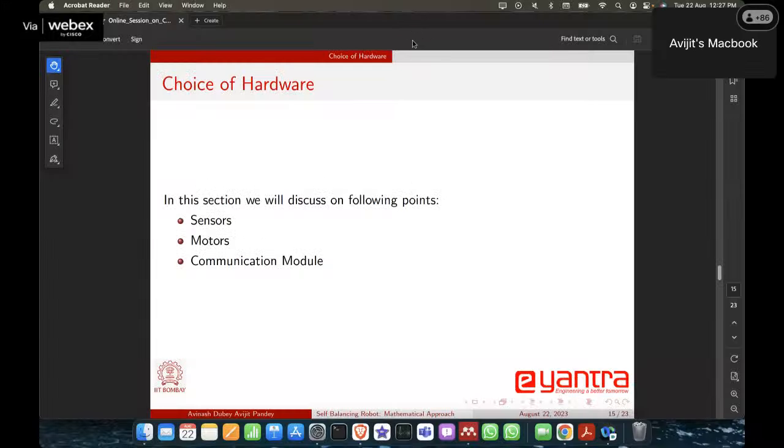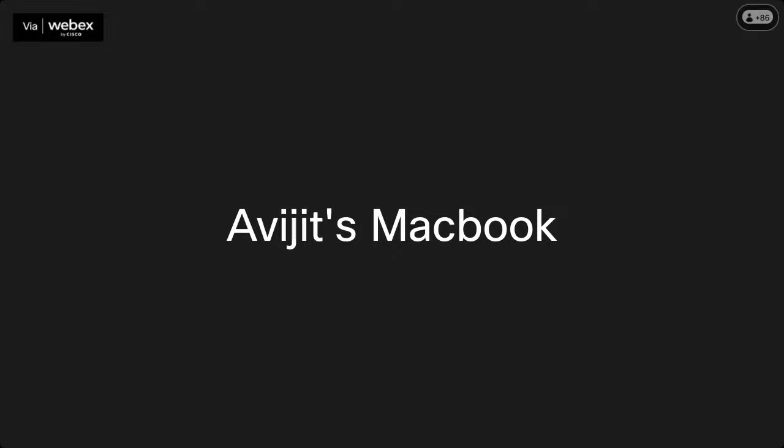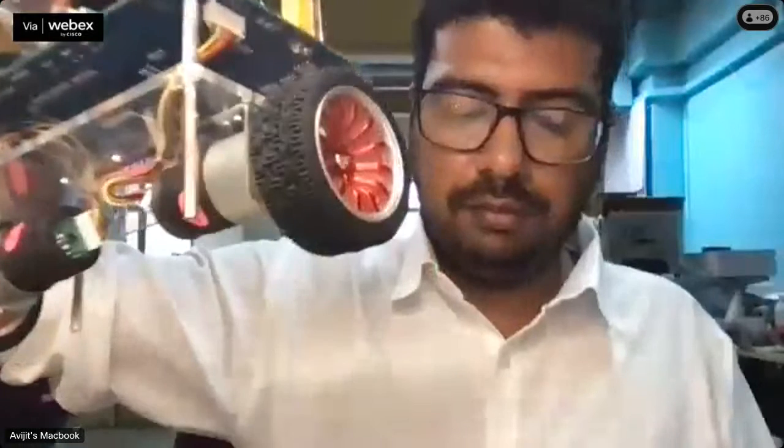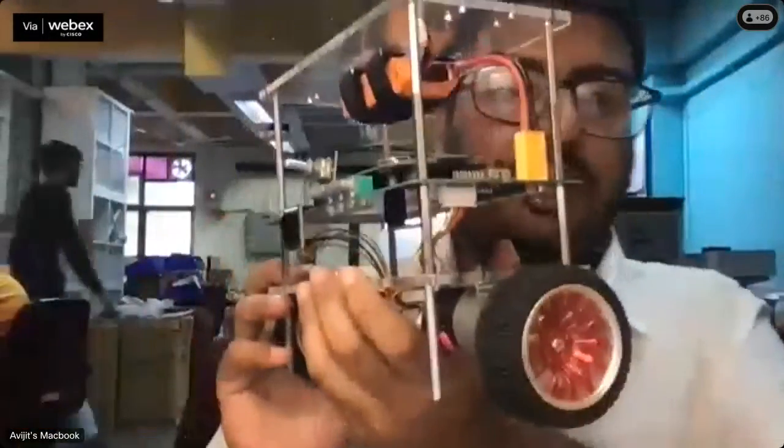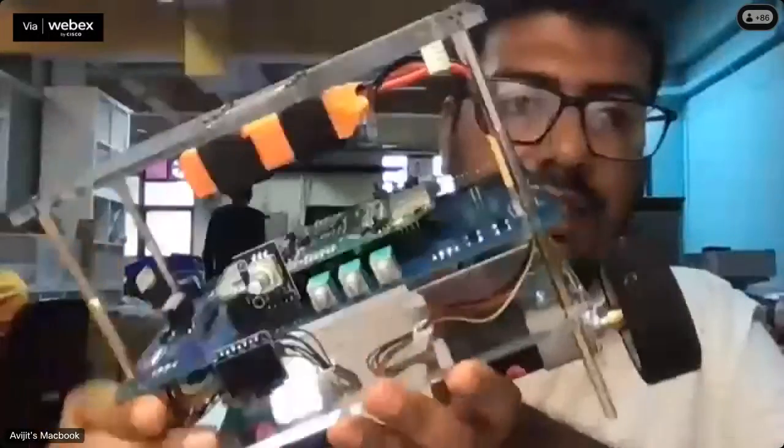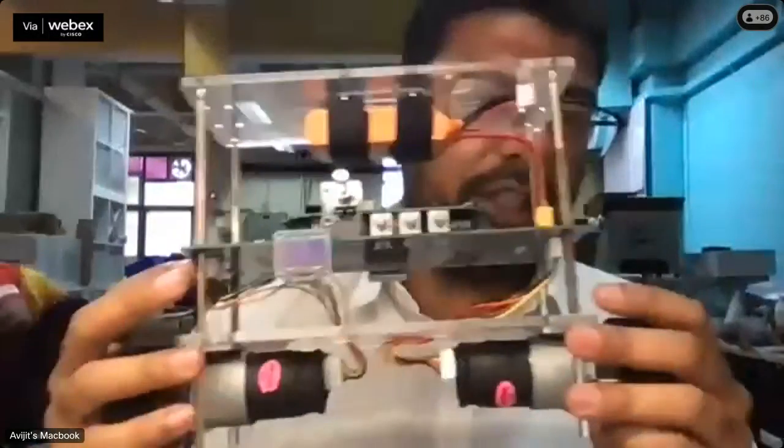We have shown you the images of the system. A second, I'll show you again. So this is our self balancing robot, a two-wheel self balancing robot. You can see there are various components to it.